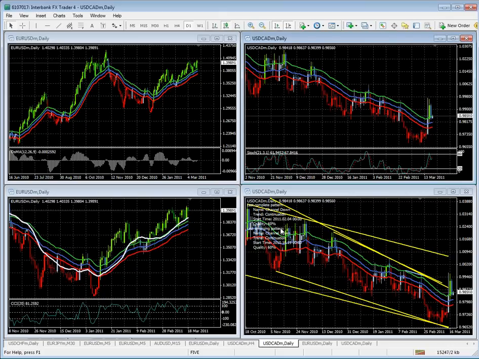So with these 3 indicators, what I essentially have is an approach, or a visual of the 3 types of indicators I would use depending upon the market environment and the trade setup that I'm looking to confirm. Okay?